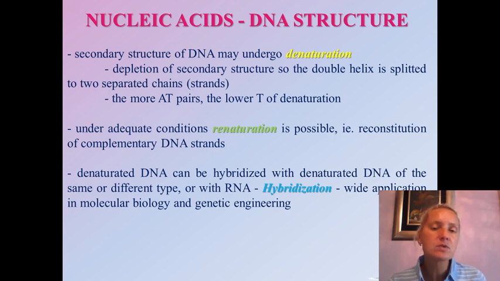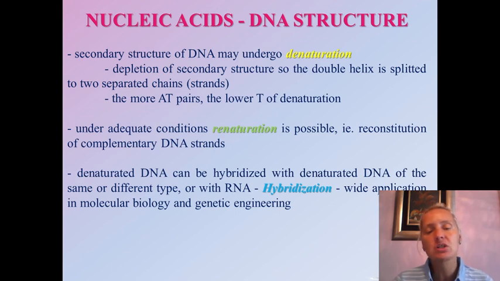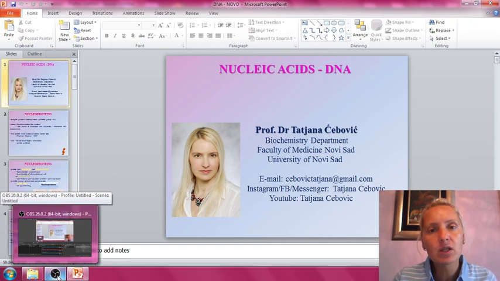By the process of hybridization, you can get recombined molecules of DNA, and hybridization has found wide application in molecular biology and genetic engineering, which is definitely the topic for another chapter. So more or less, that would be the basic information regarding a DNA molecule.